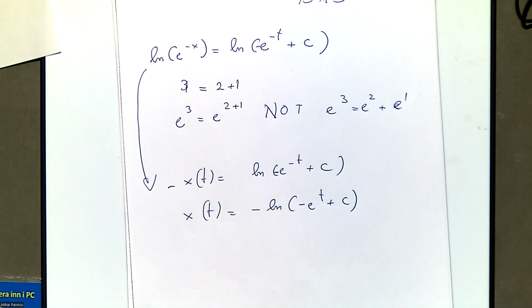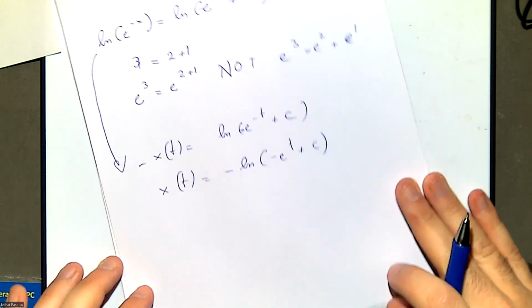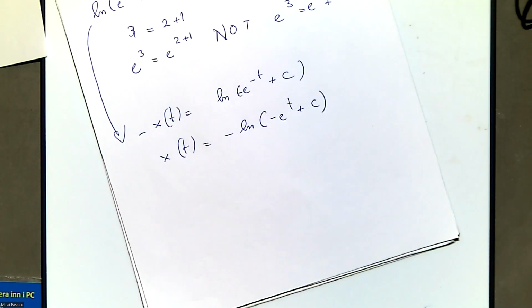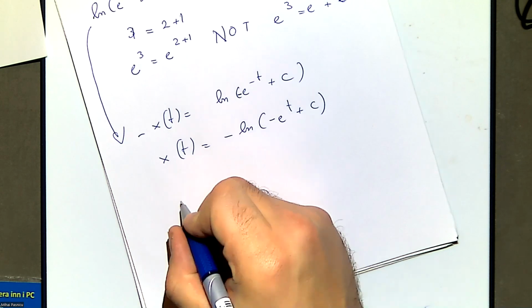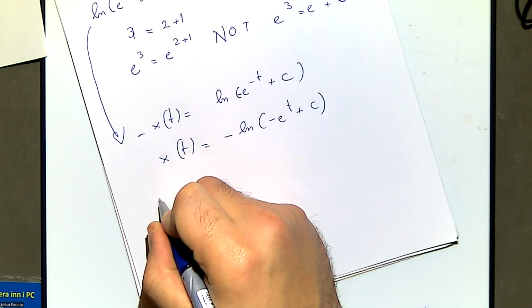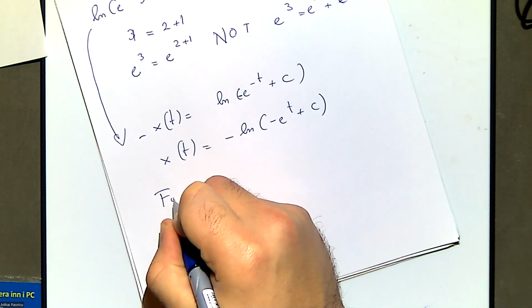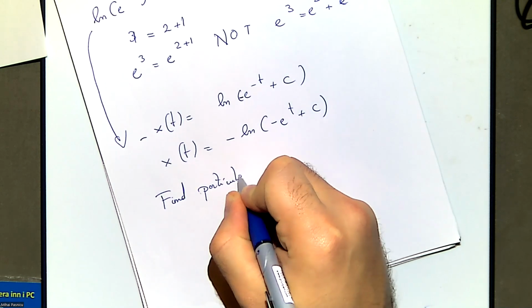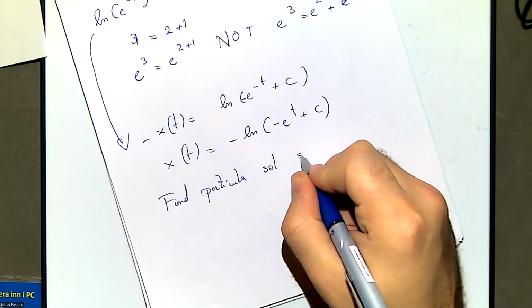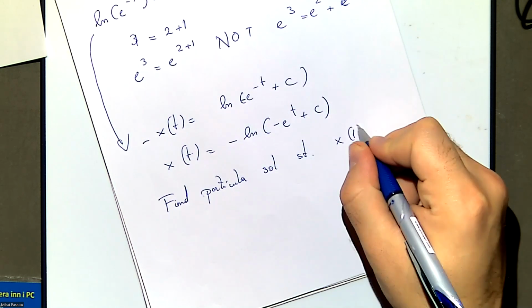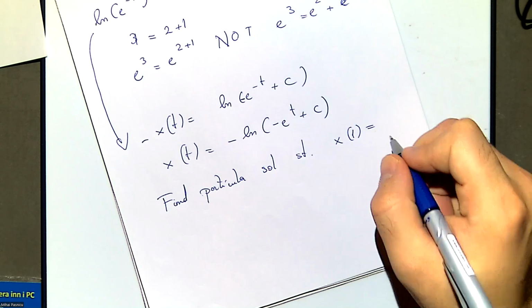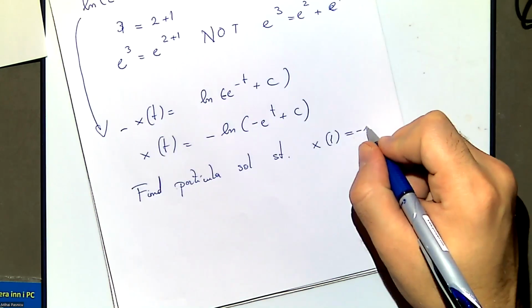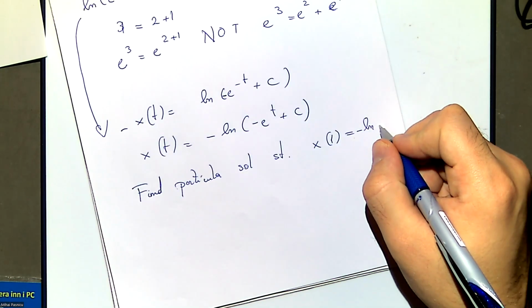Now, if they continue the problem, they're asking you questions like, find the particular solution such that x of 1 is equal to, let me make the math look nice, minus ln of 10.